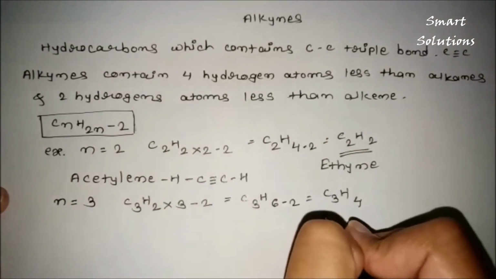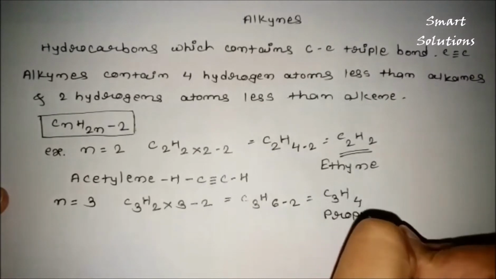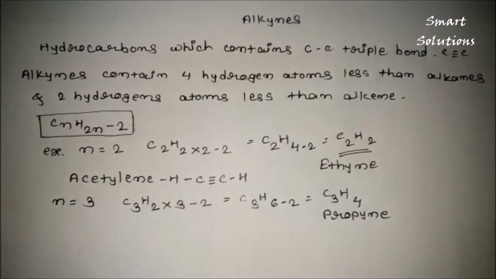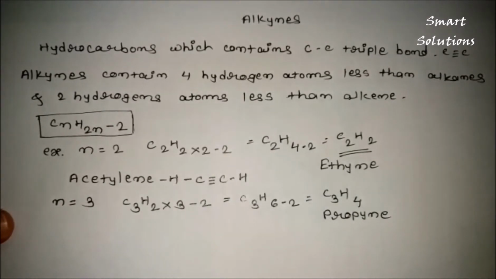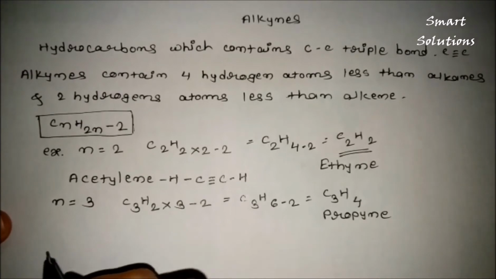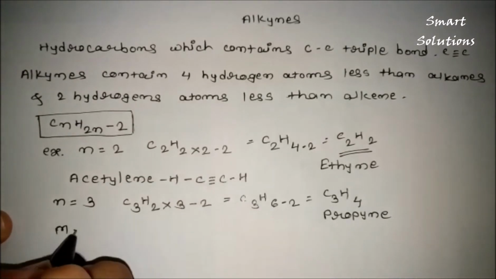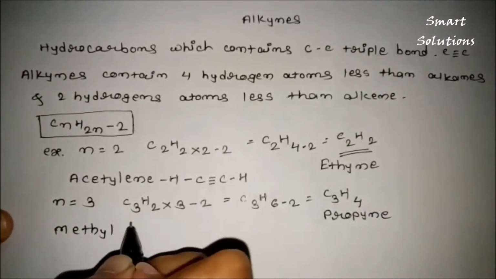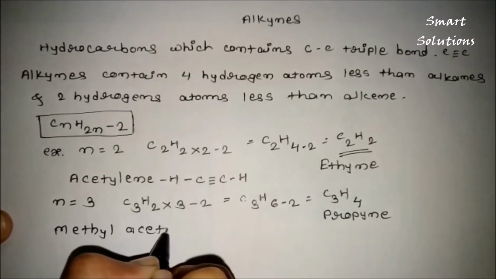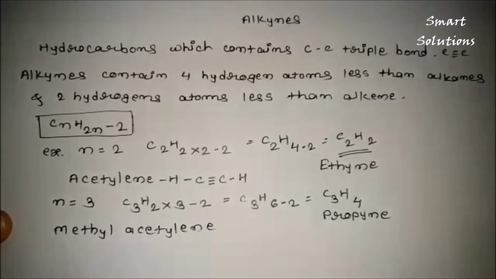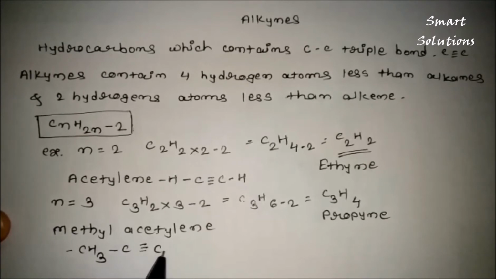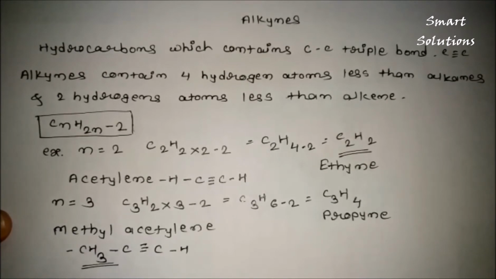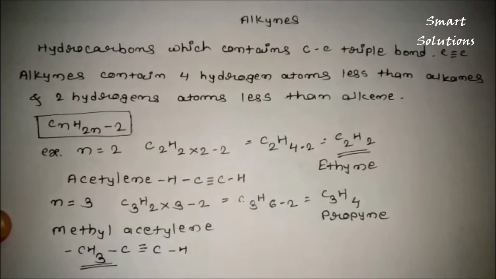This is propyne. This is the IUPAC name. And the common name for propyne is methyl acetylene. We can write it like this: CH3 C triple bond CH.